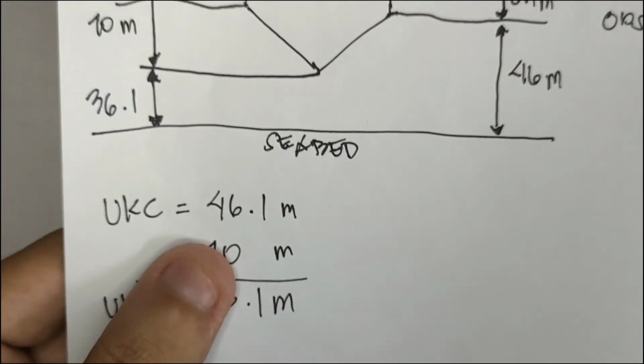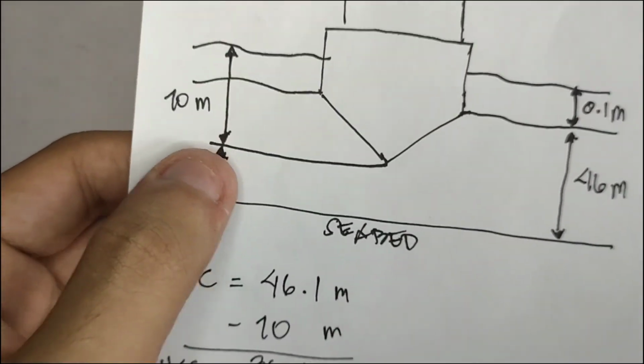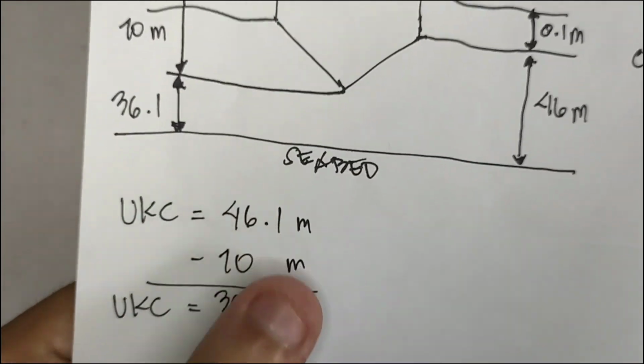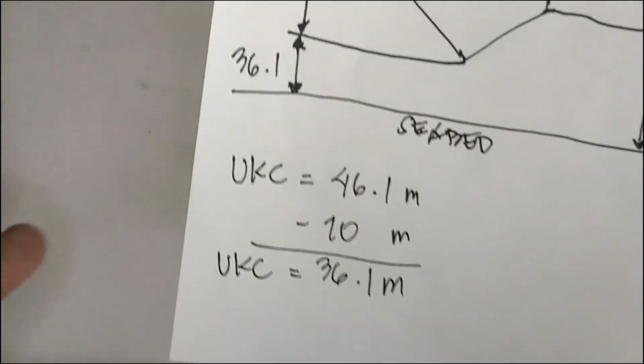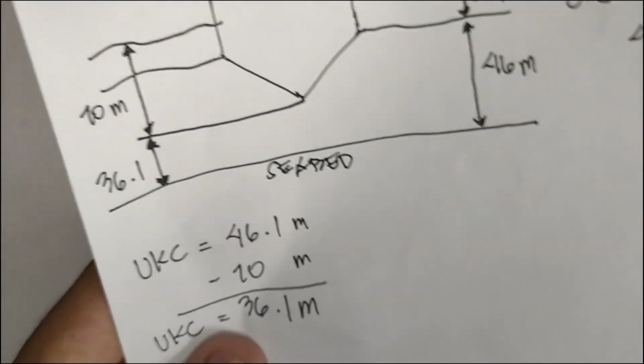And for the Virac Bank, again, we need to subtract the ship's draft, which is 10 meters, from the observed depth, 46.1 meters. So 46.1 minus 10 meters will give 36.1 meters. That is the under-keel clearance while traveling to Cabugay Bay near Virac Bank.